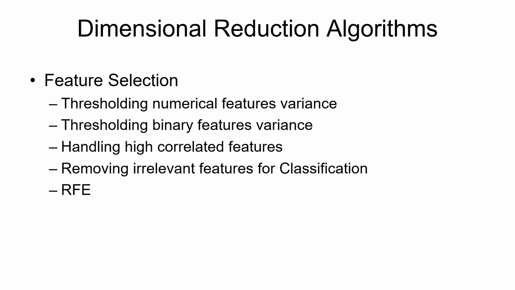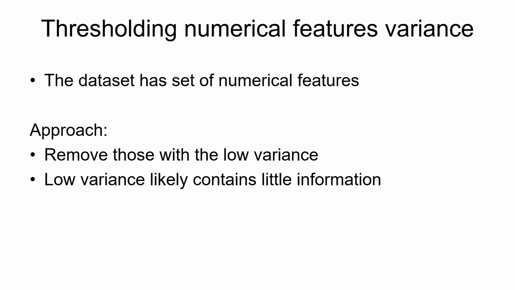In what concerns dimensional reduction algorithms, we also have feature selection. And here are some of the most used approaches to select features. In the threshold on numerical feature variance, the data set has a set of numerical features, and the approach is the following.